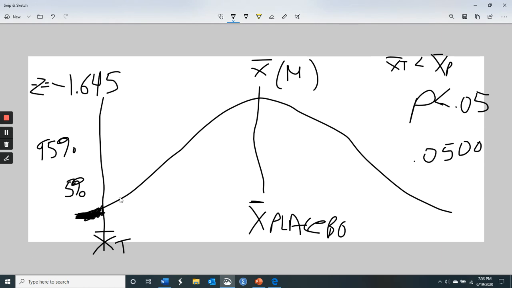So in this case, we hope that our treatment group has a mean level of depression that's way low. It's in this area compared to the placebo group. So it's a negative 1.645.